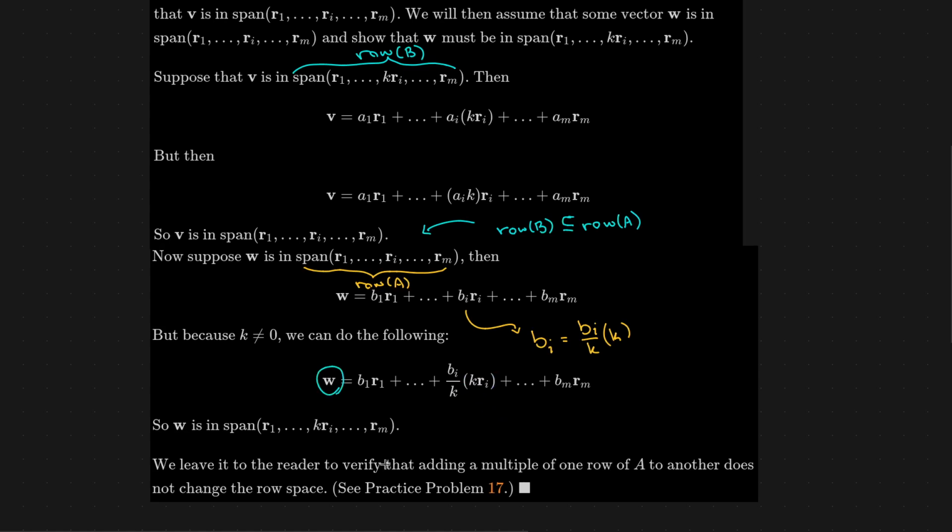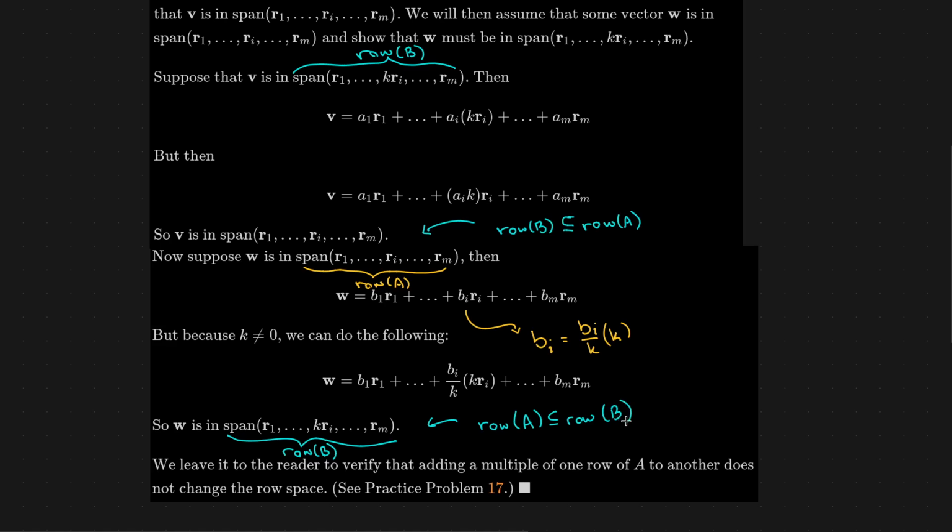And so W can be expressed as a linear combination of these vectors, which means that W is in the row space of B. So now I've shown that any vector in the row space of A is also in the row space of B. So that means that the row space of A is a subset of the row space of B.